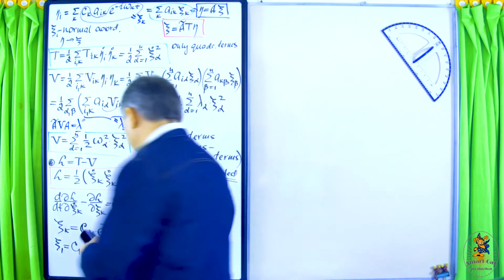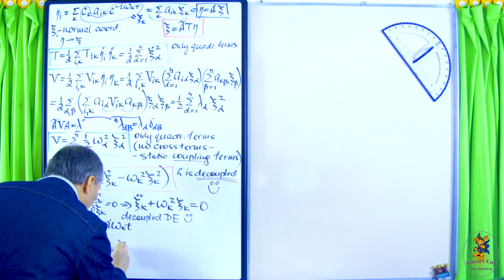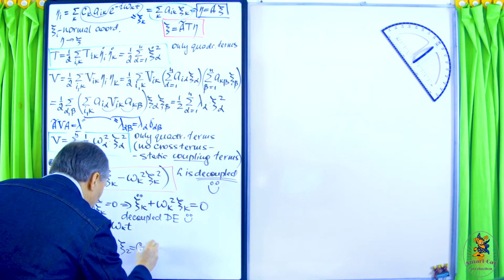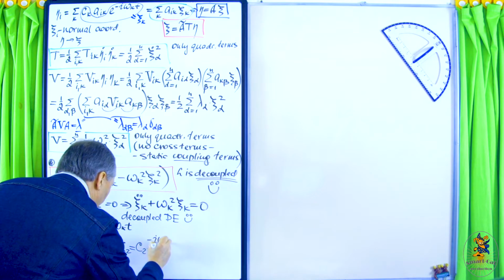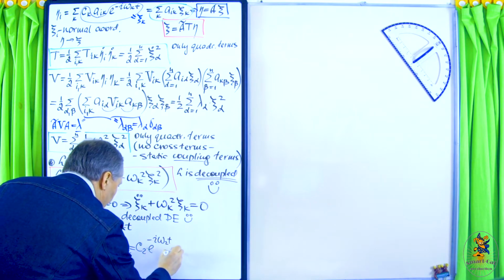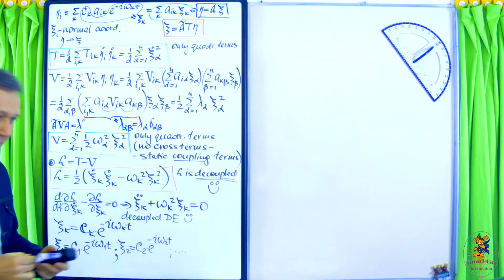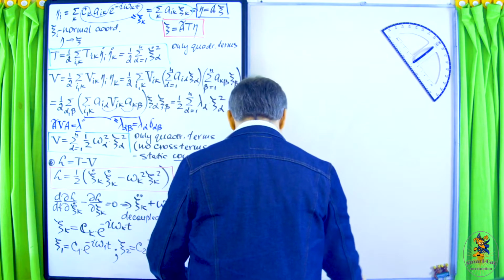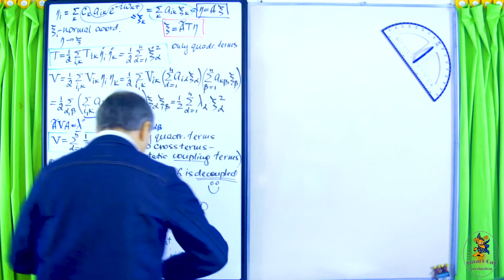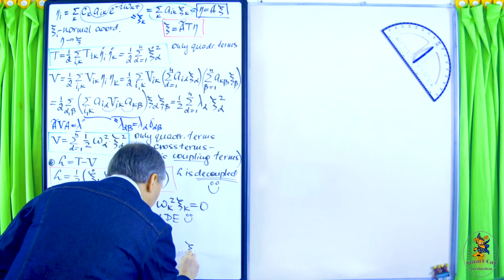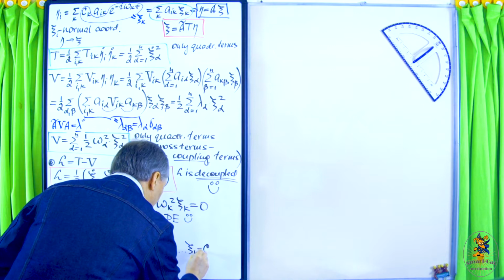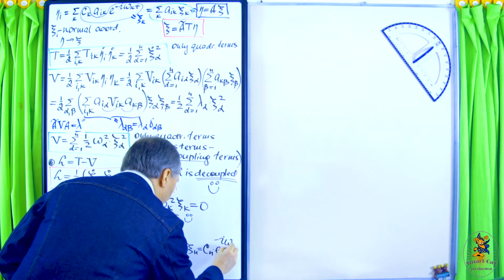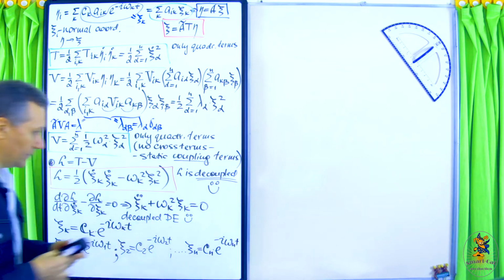Then if I write xi 2, of course it would oscillate only with the frequency of the second normal mode, c2 e to the power of minus i omega 2 t, right? And the last one, of course, for n, xi n equals c sub n e to the power of minus i omega n t.